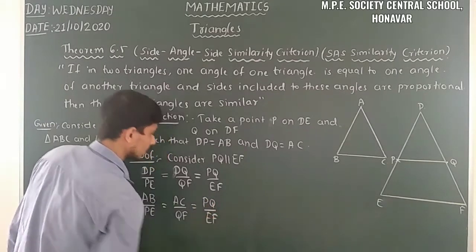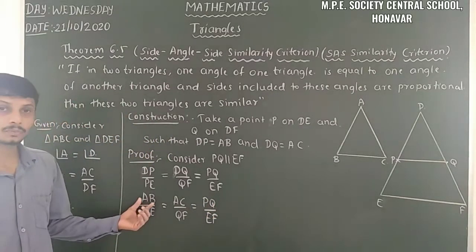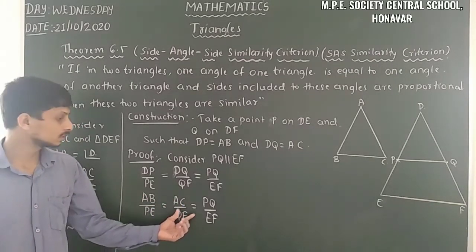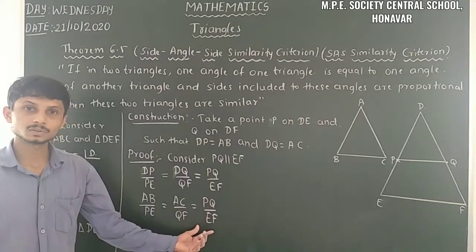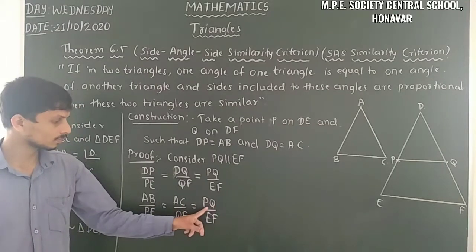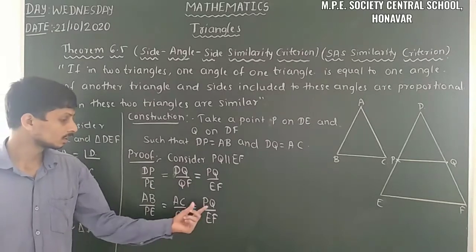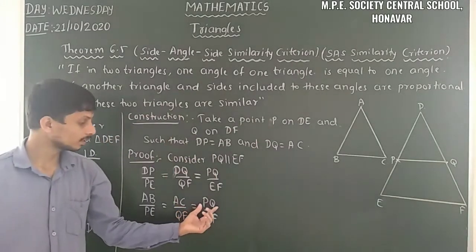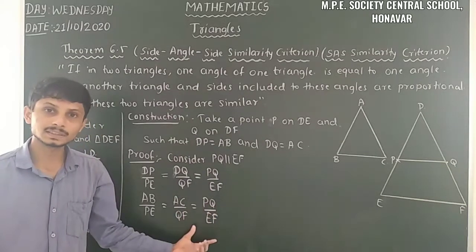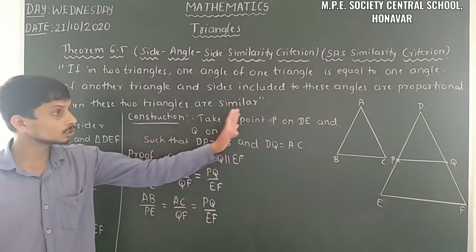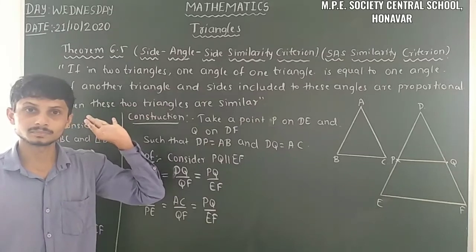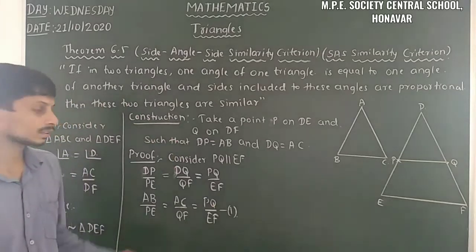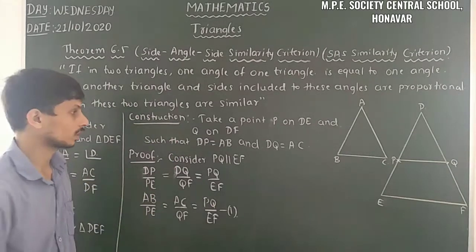Just observe, AB by PE is equal to AC by QF is equal to PQ by EF. When we convert PQ in place of BC, then those two triangles become similar. Let us consider this as equation number 1.